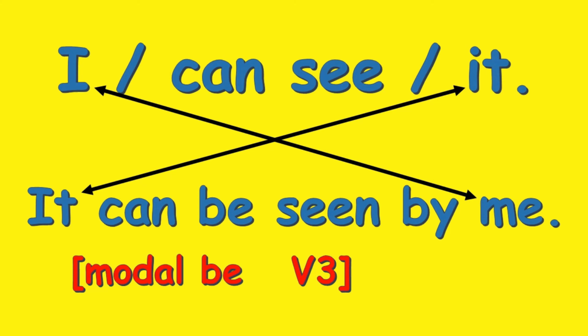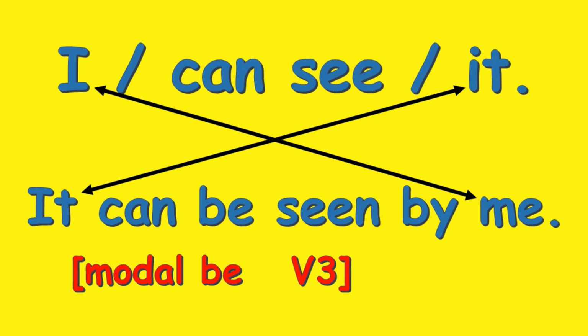So we have added be, and finally will come the third form of the verb, and that is seen. And thereafter, as we all know, the subject in the active voice will become the object in the passive voice. Therefore, I has become by me. So the question is, I can see it, and the passive voice of which will be, it can be seen by me.